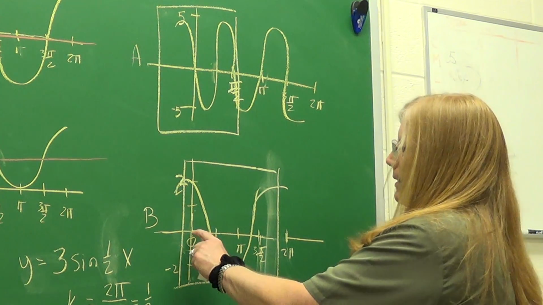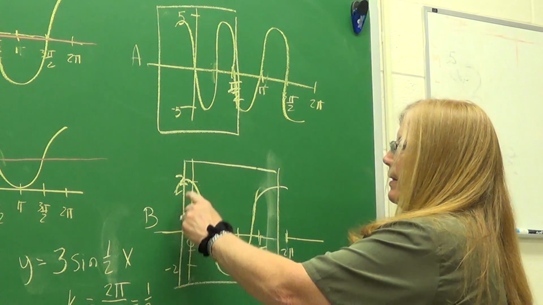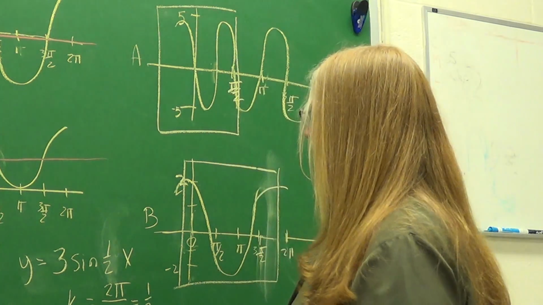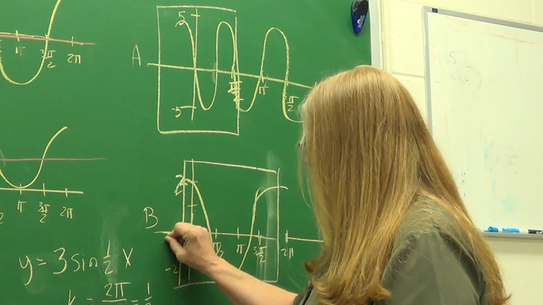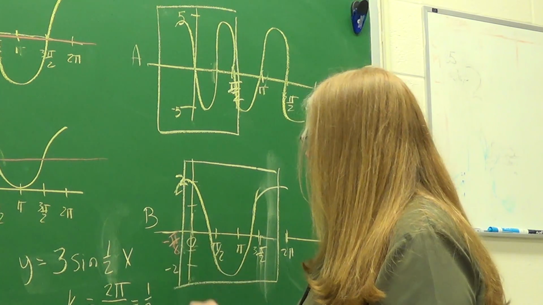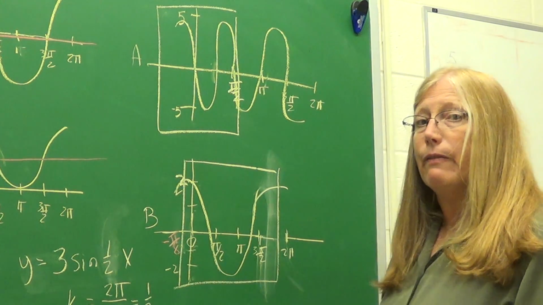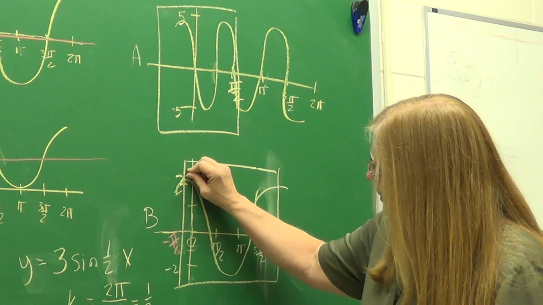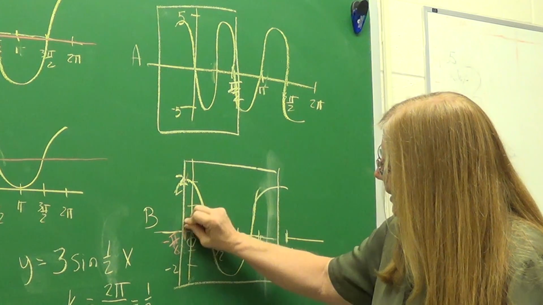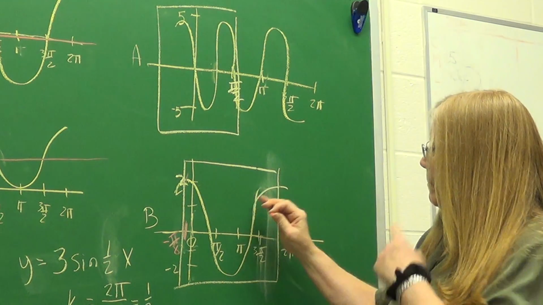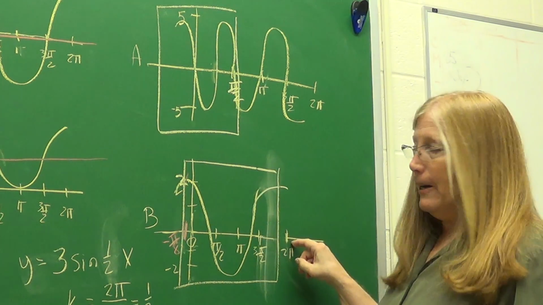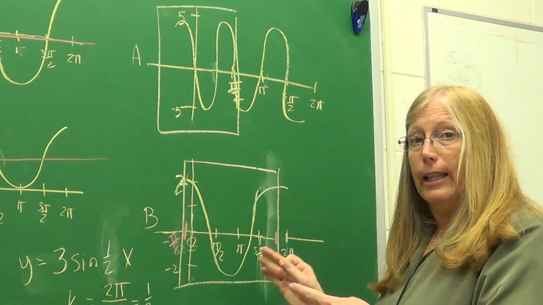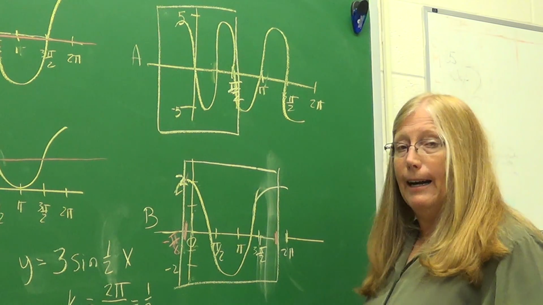And I'll say that this mountaintop is taking place at -pi over 8. So it's just a little bit to the left of what a normal curve would be. So this mountaintop is at -pi over 8, and this mountaintop is not at 2 pi. It is also pi over 8 to the left of 2 pi.